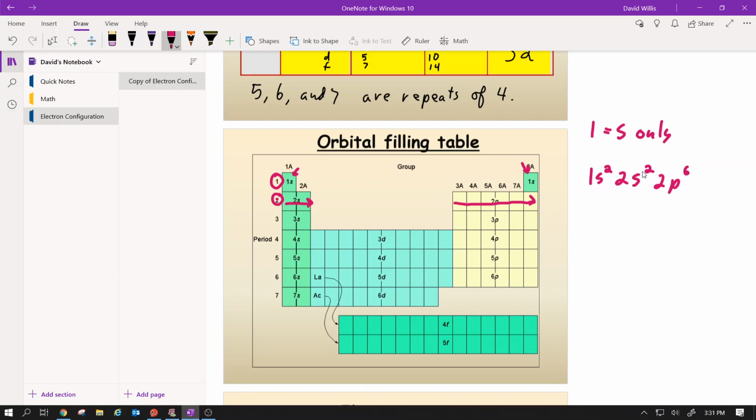So 1s2, 2s2, 2p6. Then you'll notice that we're moving down to the third level on the periodic table. Well, we've got our s orbital, 3s2, and our p orbital, 3p6, and I'm just going to write it down here.